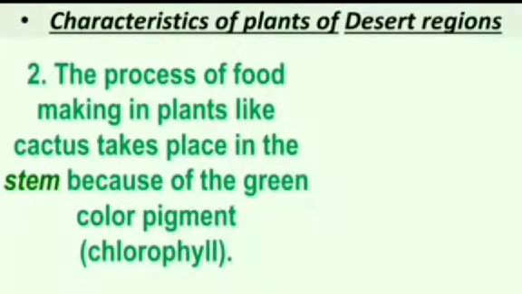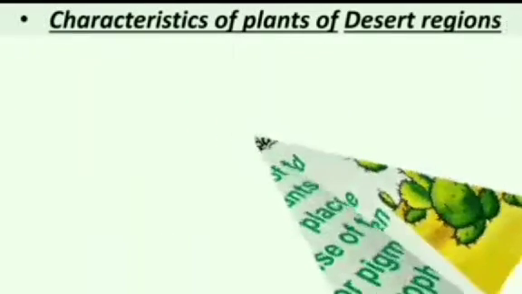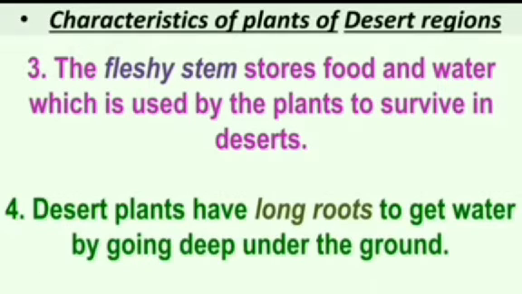The process of food making in plants like cactus takes place in the stem because of the green color pigment called chlorophyll. The fleshy stem stores food and water, which is used by the plants to survive in deserts.